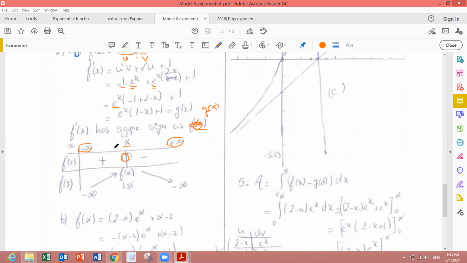Between minus infinity and alpha the g was positive. So we had the table like this: x, gx, minus infinity, alpha, 0, plus infinity. This is positive and this is negative, so here positive and here negative. And here alpha.